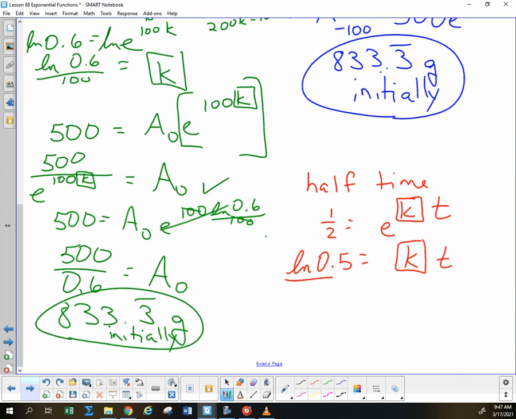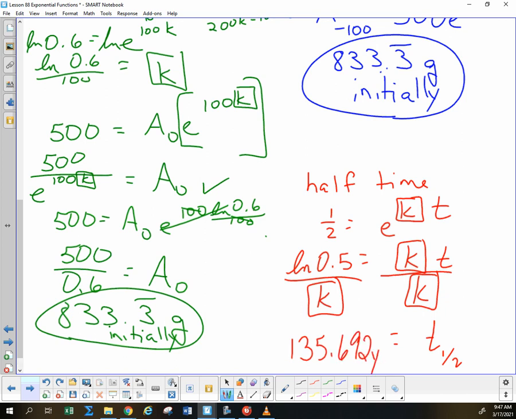Divide both sides by our stored k. And Dylan, what's our half-life? And those would be years.